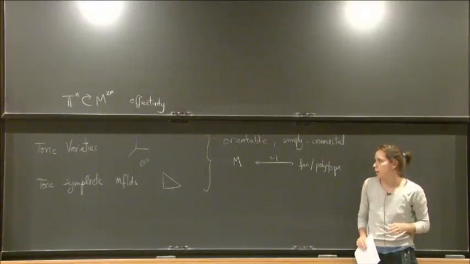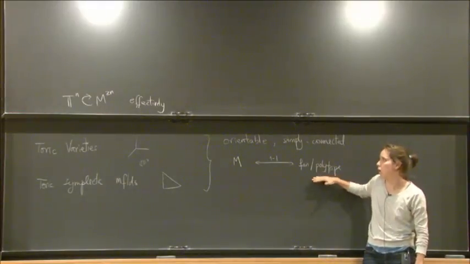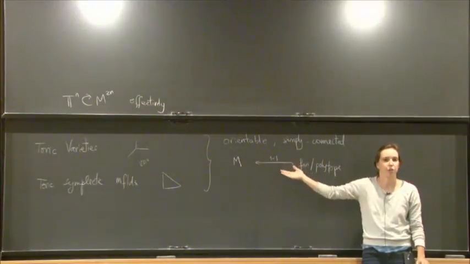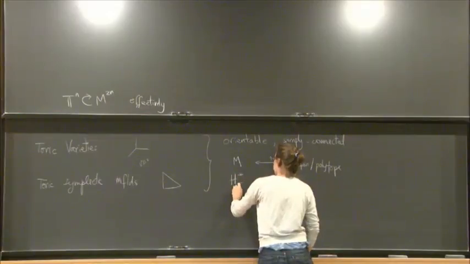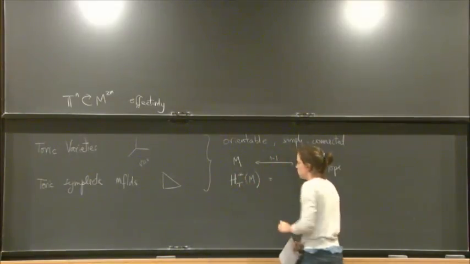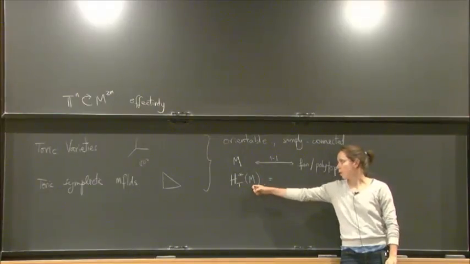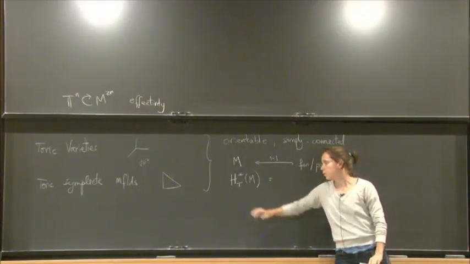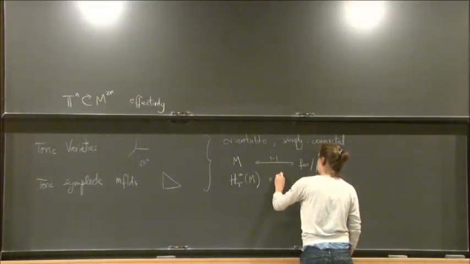And then it shouldn't come as very much of a surprise that you can get the cohomology of M from the polytope, because in fact you can get M, but it's a little bit nicer than that. There's a nice name for it. The ring of equivariant cohomology is actually the Stanley-Reisner ring.